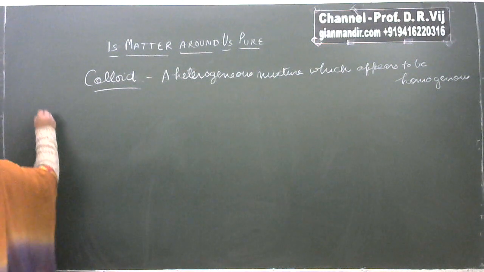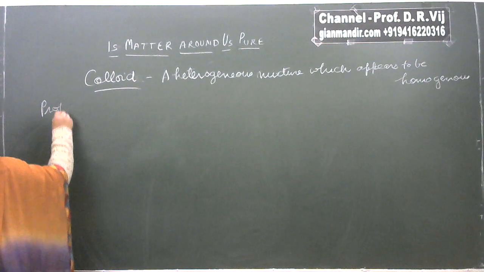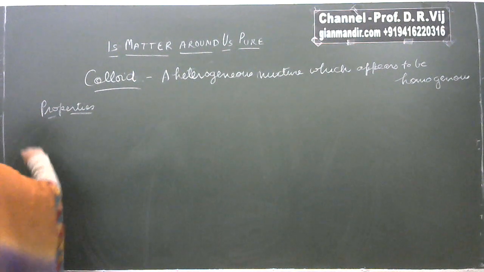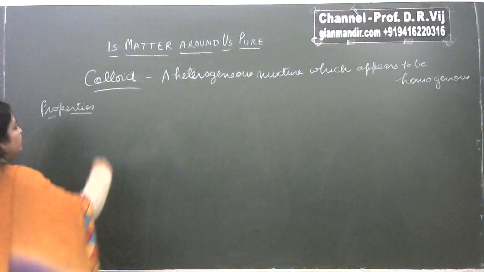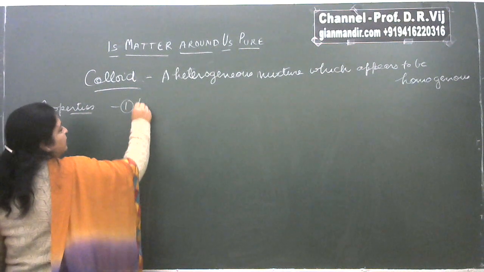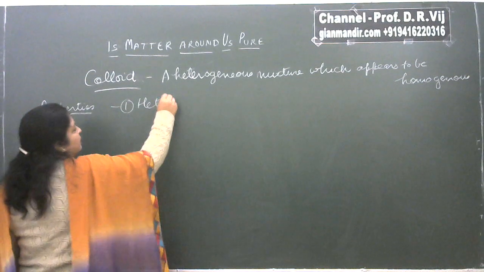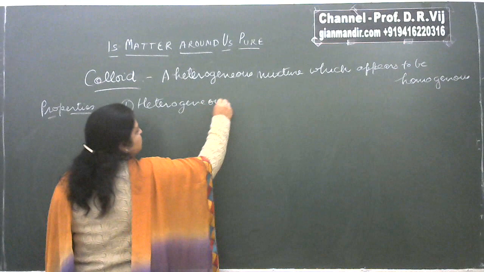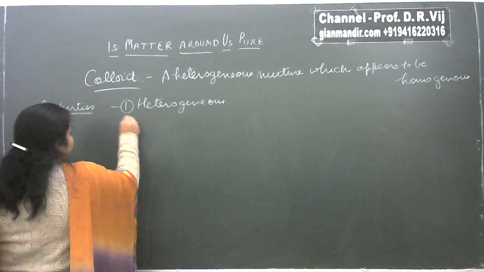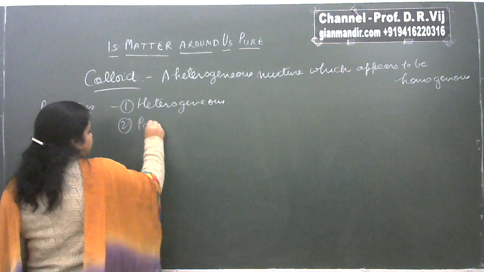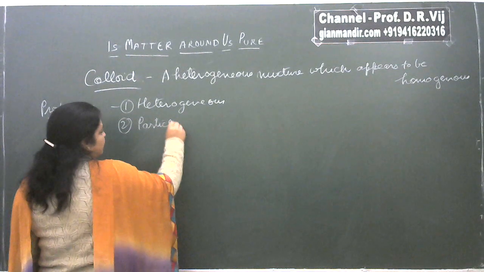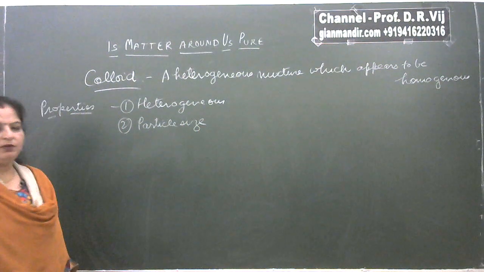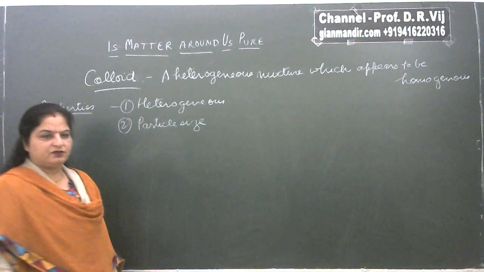So if we look at the properties of colloid, what properties do you observe here is, first of all, it is heterogeneous. Second one, if you look here at the particle size, here the particle size is in between true solution and suspension.